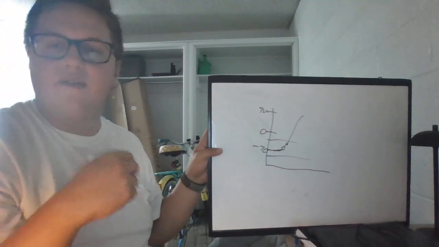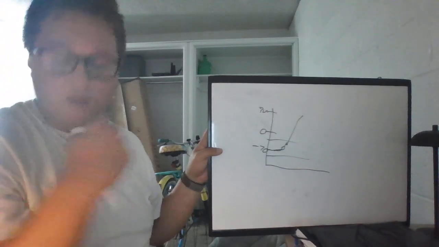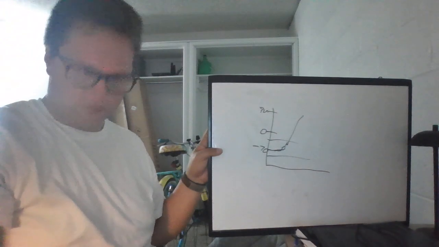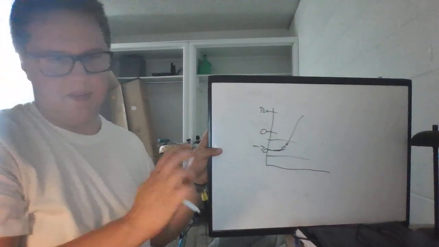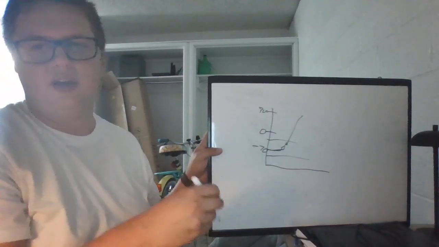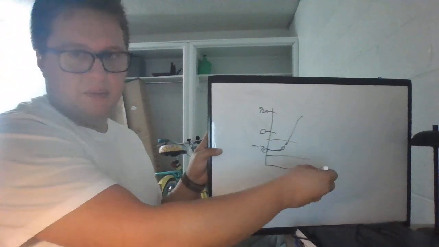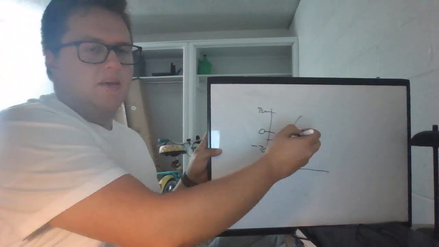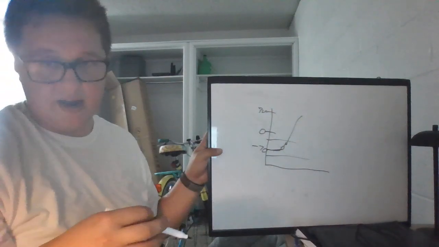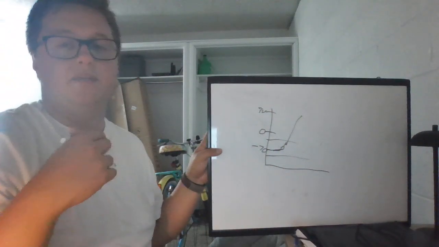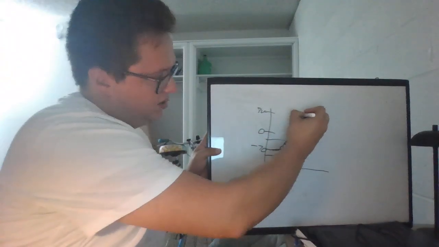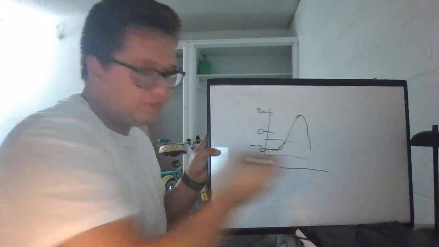Then we have what's called repolarization, or I guess this is more hyperpolarization. It's going back towards the resting membrane potential. This is when the sodium channels are inactive and the potassium channels are open and potassium starts to leave. So that starts to come down.